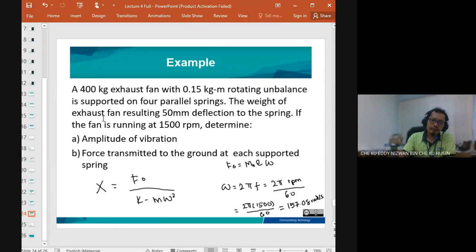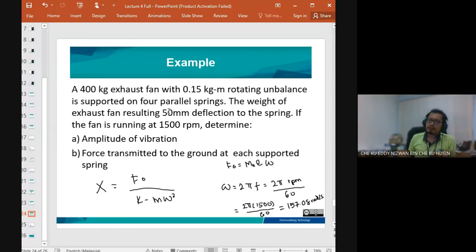So now we have omega. Mass is given. K is not given. However, it gives the deflection. Under the weight of this exhaust fan, it deflects 50 mm. From that, we can use Hooke's law to find the stiffness, F equal to Kx. F here represents the weight of the fan, so mg, mass times gravity.